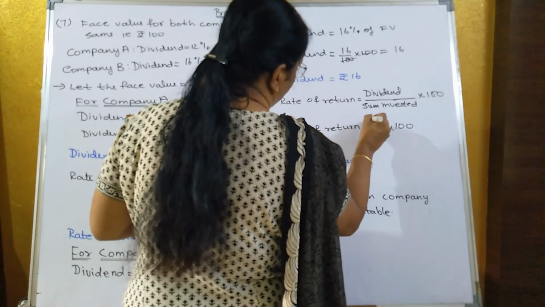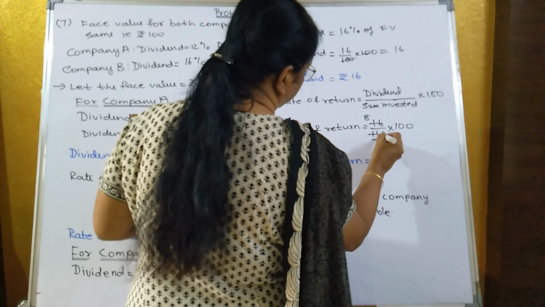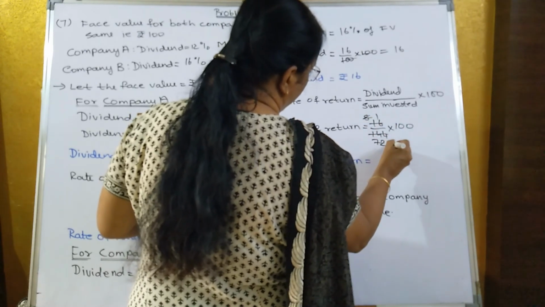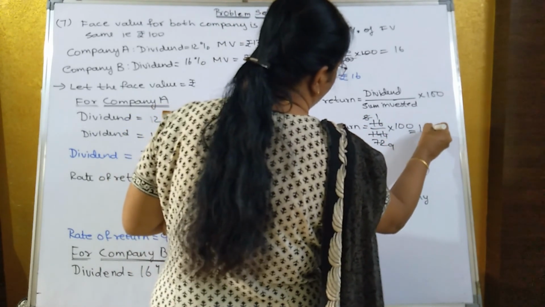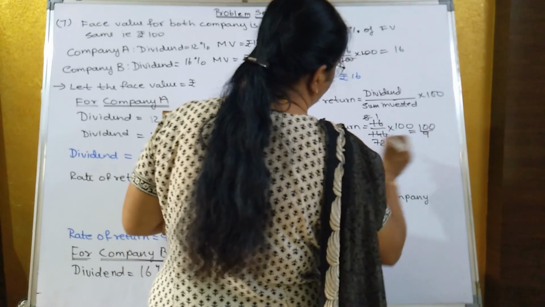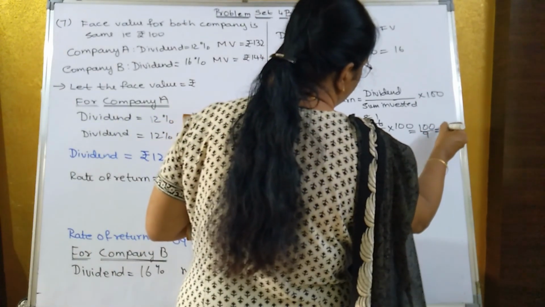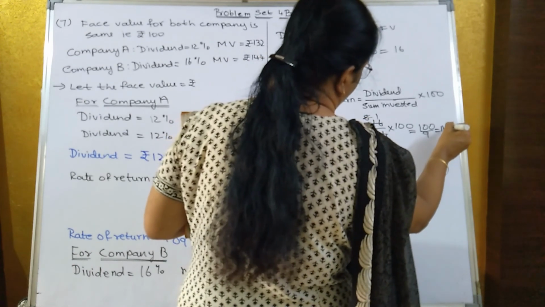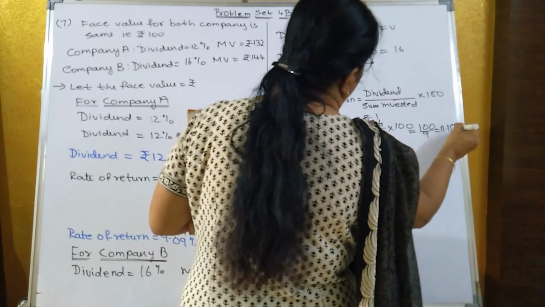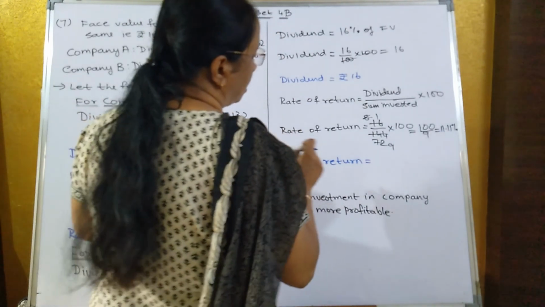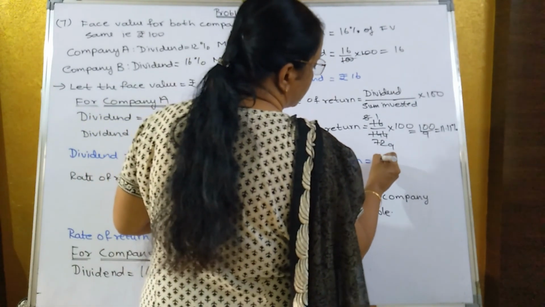Now it will go in the 16 table. 16 ones are 16, 16 nines are 144. So that's equal to 100 upon 9. When you divide 100 by 9, you will get 11.11%.